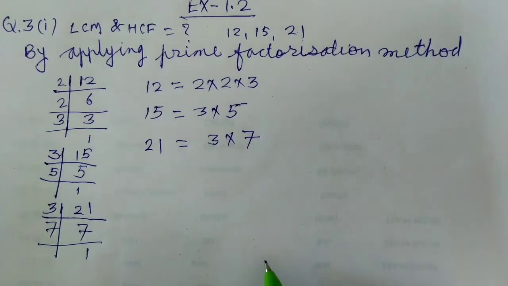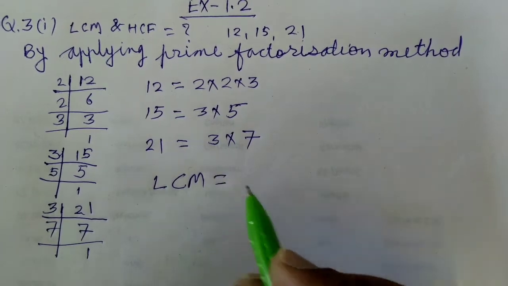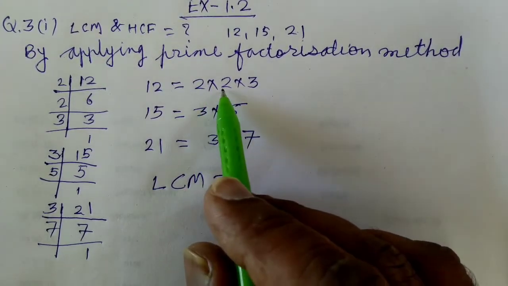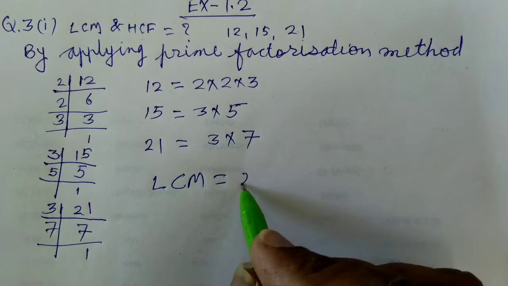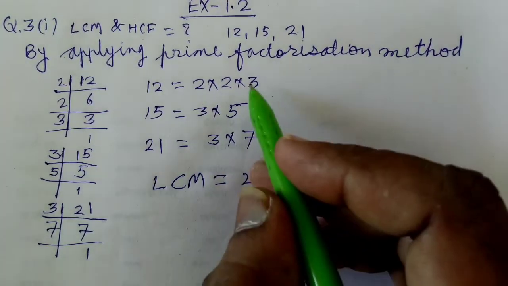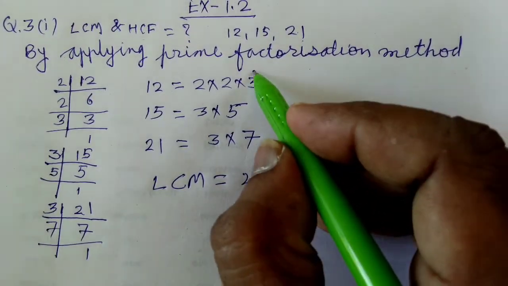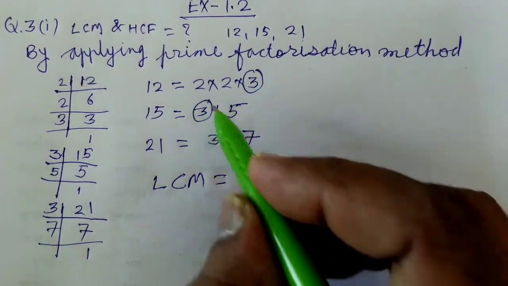Now according to our question, first we will find the LCM. LCM is equal to first 2, 2, then 3. Now 3 here, 3 here, and 3 here.